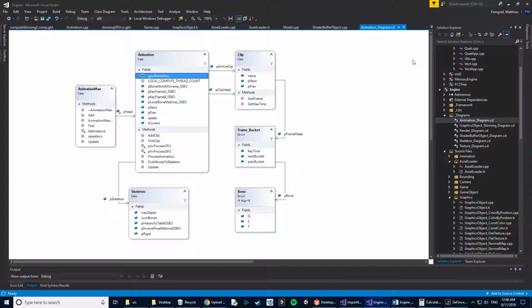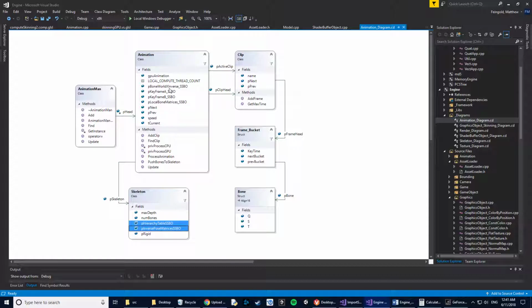I abstracted these shader storage buffer objects into their own classes, and I store them in the animation object, and I also have two in the skeleton. During load content for the skeleton, the two SSBOs get stored here and never touched again. They just get loaded up once and then referenced later.